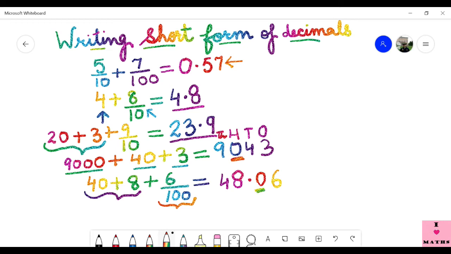We cannot ignore putting a 0 at 10th place, since we want a 6 at 100th place. So our answer would be 48.06.